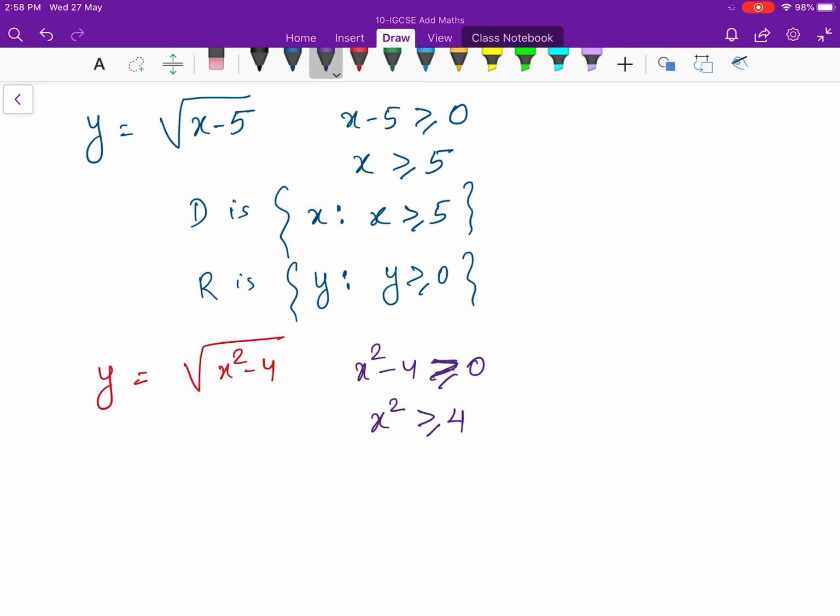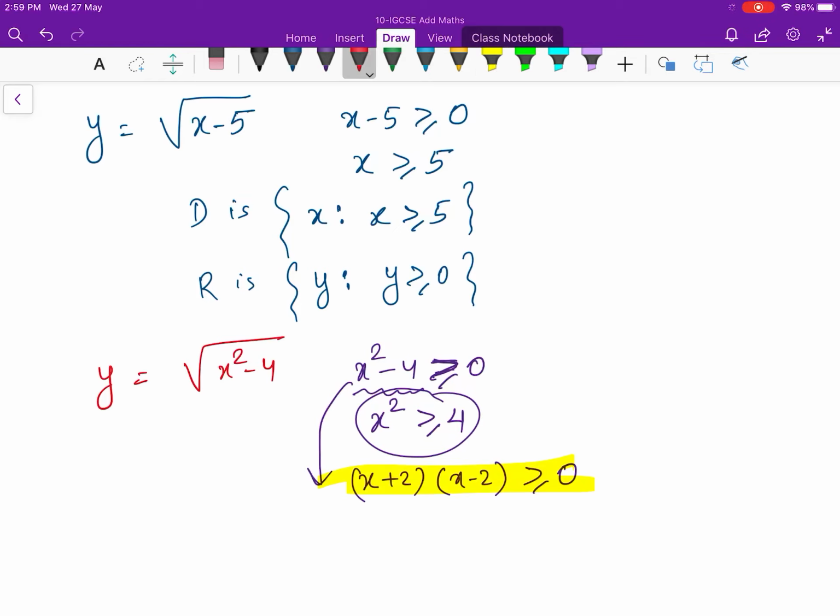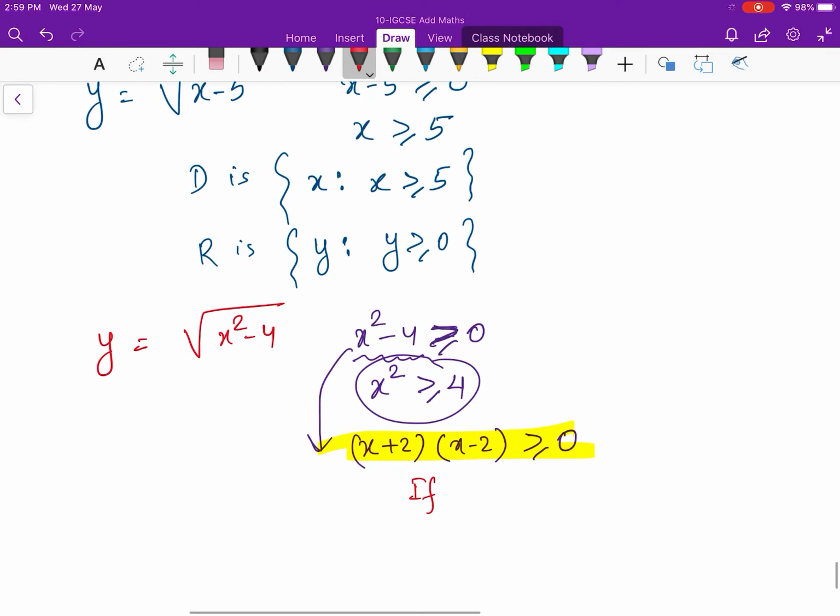Or let's do it this way: this is a square minus b square, so you can write it as x plus 2 and x minus 2 should be greater than or equal to 0.